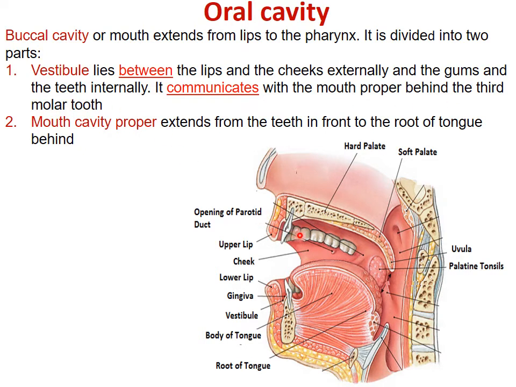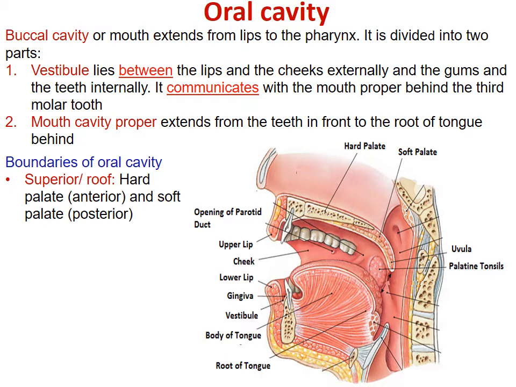In the teeth row, the molars are at the end, the last being the third molar in the adult, and behind that there is a small space. This is the area that communicates between the teeth and the cheek, and the oral cavity proper. So behind the third molar, there is a communication between the vestibular space and the oral cavity proper.